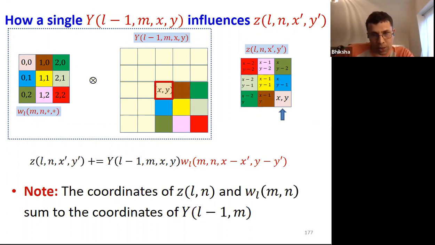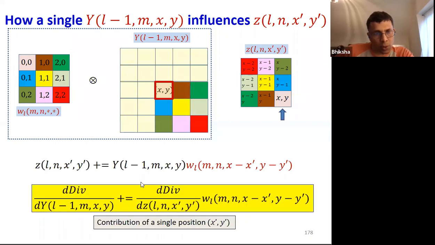This is something we're going to tee off of. And so if I want to compute the derivative for yxy, the additive contribution to this derivative is obviously going to be the derivative for z x prime y prime times the weight x minus x prime, y minus y prime. Again, these two indices are going to sum up to the index for y, the element for which I'm computing the derivative, right?